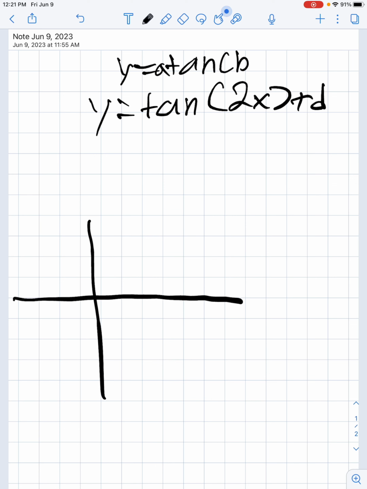Y equals a tangent bx minus c plus d. Oh, I messed up right here, but it is plus 2.